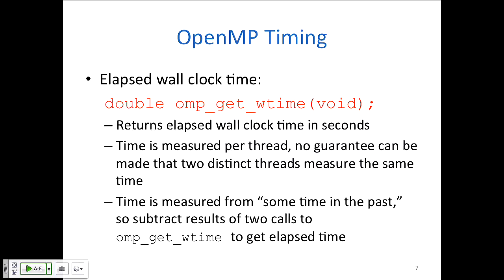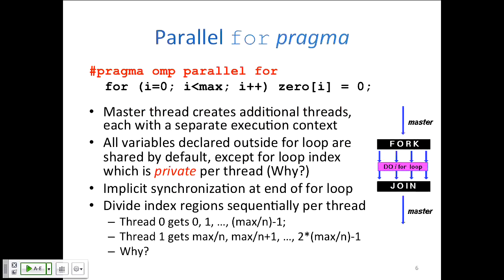Yep, question? On the last slide, I still didn't get the second bullet point at the end. Like, it makes sense that each thread is just 0, 1, 2, and so on. So if you have n threads, sorry, yeah, I got this wrong. This is right. Max is the number of iterations.